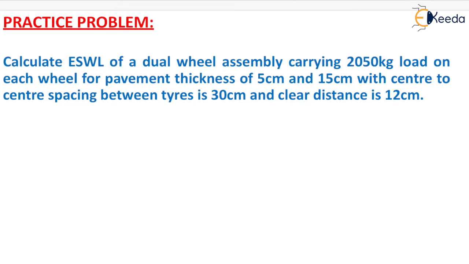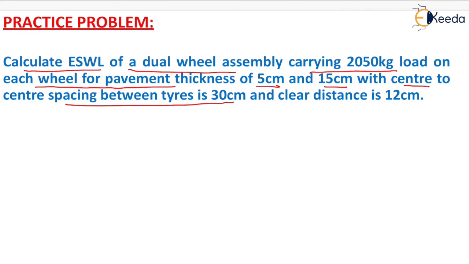Now the question is written as: calculate the equivalent single wheel load of a dual wheel assembly carrying 2050 kg load on each wheel, for pavement thicknesses of 5 cm and 15 cm, with center to center spacing between tires of 30 cm and clear distance of 12 cm.